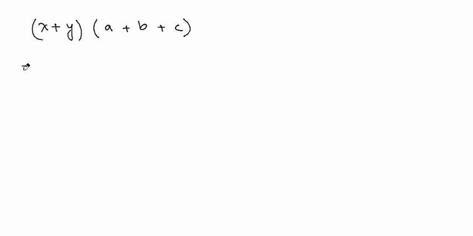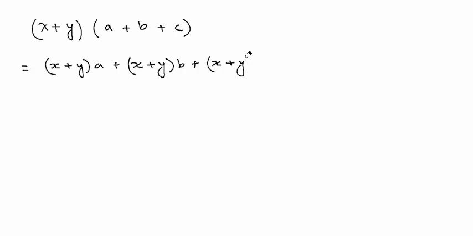So this is going to be equal to all of this times a, plus all of this times b, plus all of this times c. And now for each new term we got, apply the distributive property again.